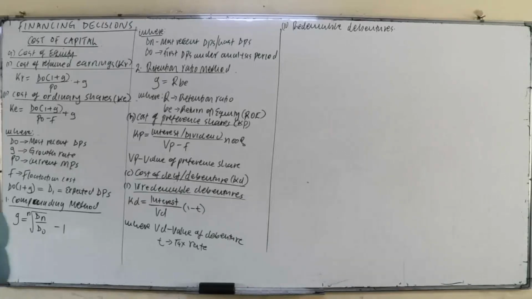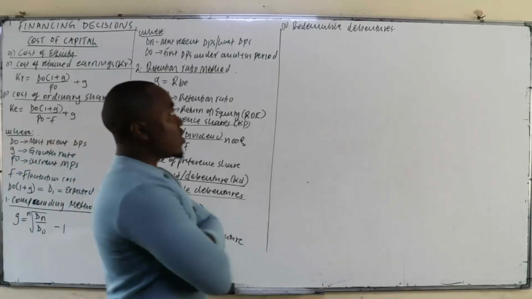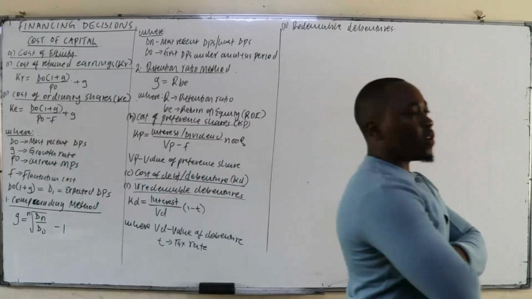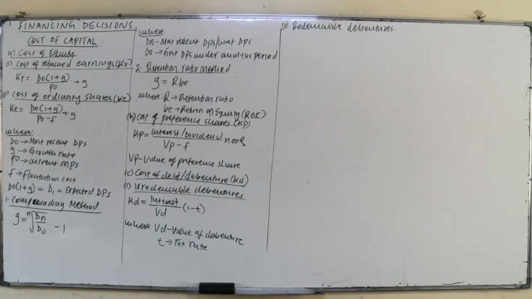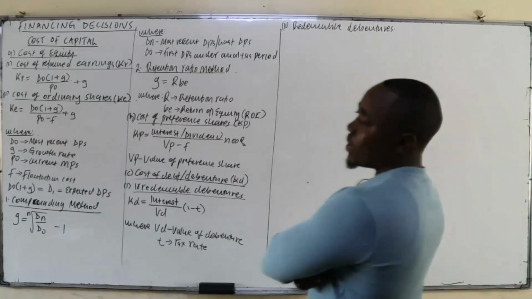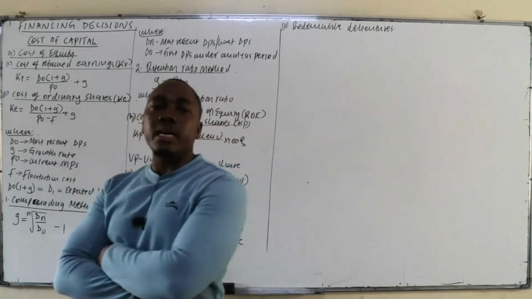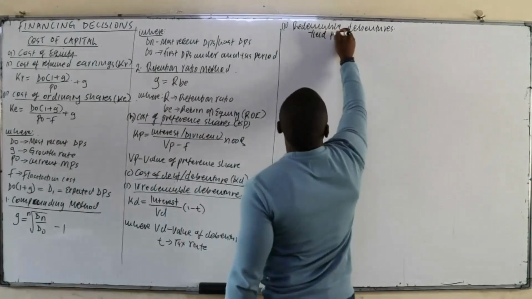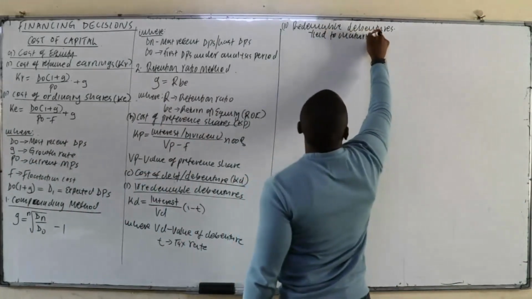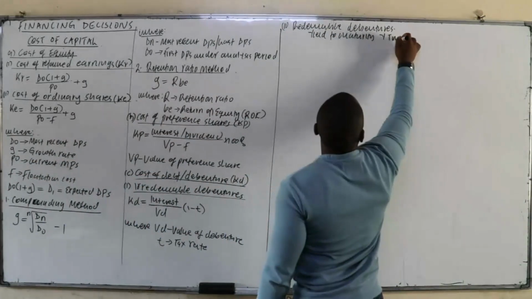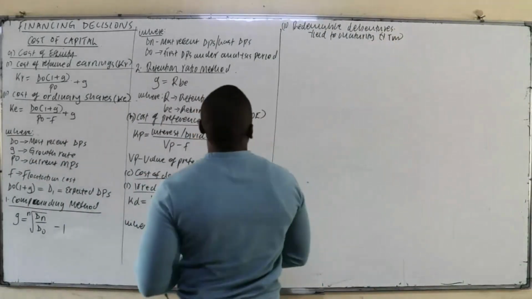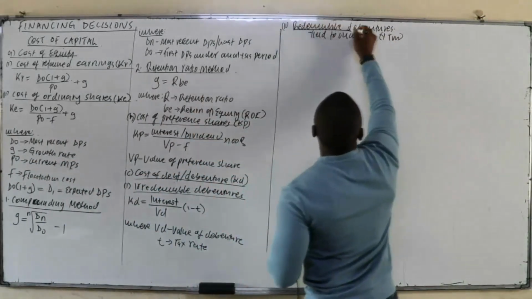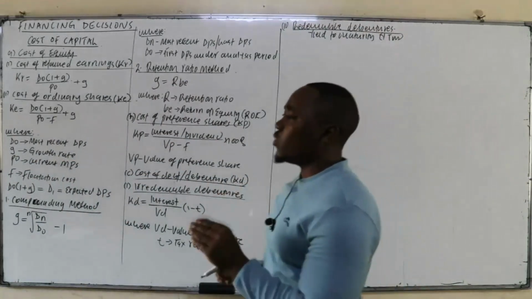The cost of redeemable debt is known as yield to maturity. That's what we call a redeemable debenture: debentures with a specific maturity period.